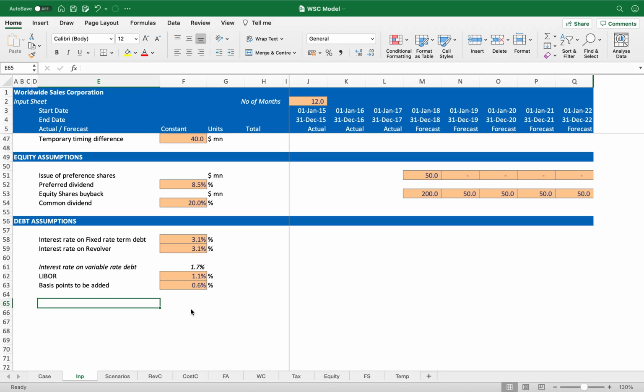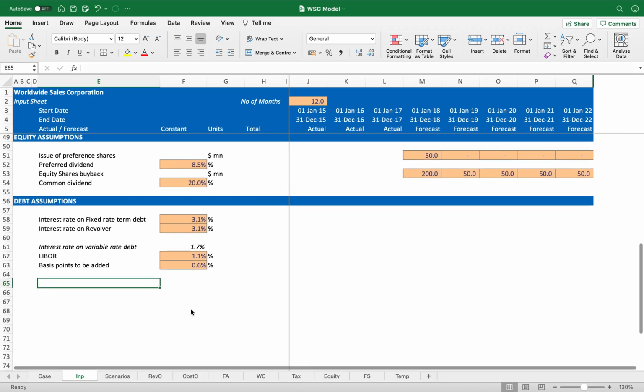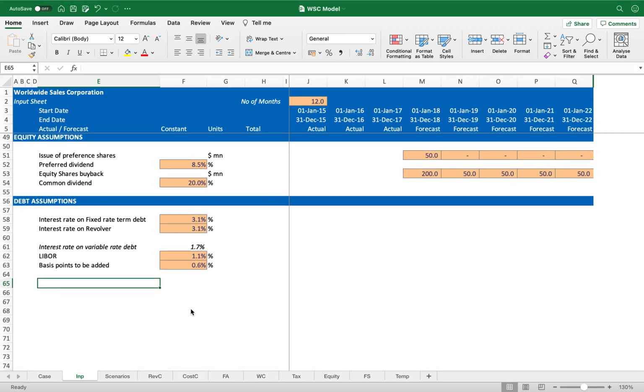Okay. Now, next it was given that interest rate on excess cash, I will generate some income also, that is 1%.